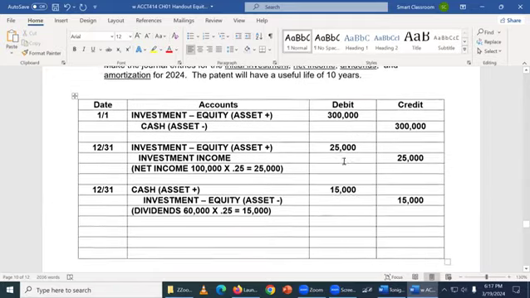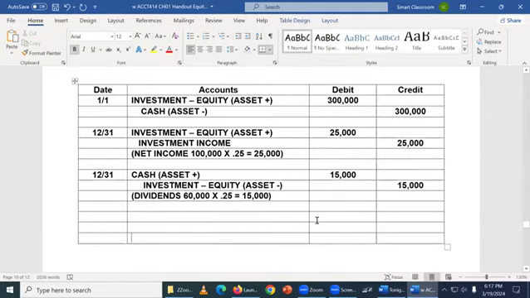So the patent, we paid 300,000. The book value is 260. So 40,000. Yep.